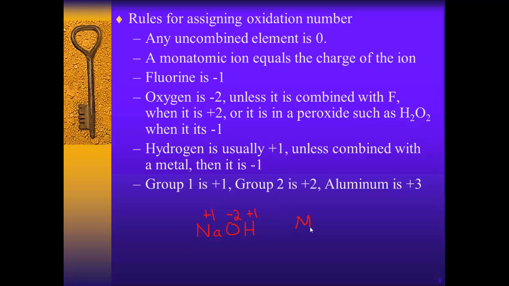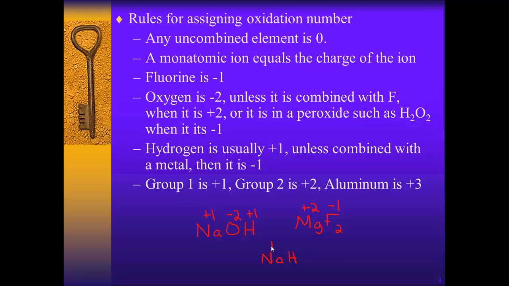So group 2, like magnesium fluoride. Magnesium is group 2, so it's going to be a +2, and fluorine is always -1. If we look at the last one where we were talking, we have sodium hydride. What if I don't remember that hydrogen is a +1?